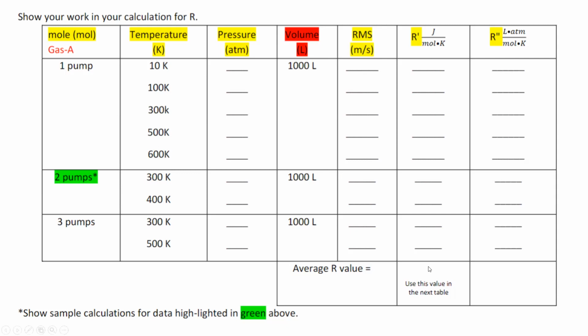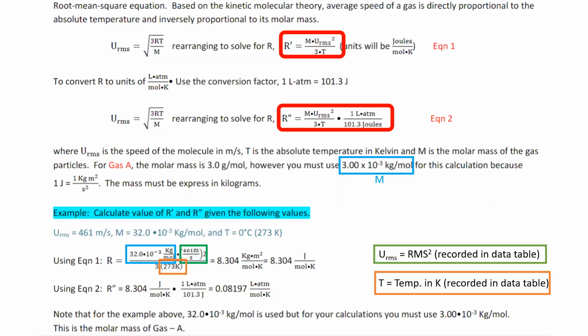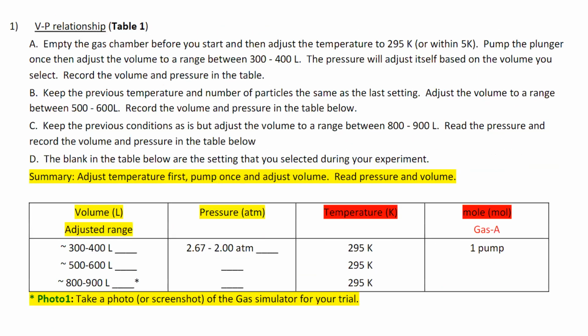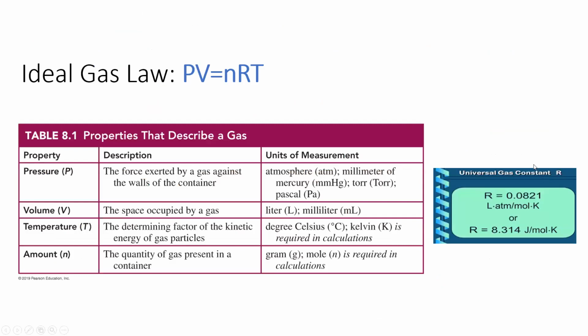I'll just give you a clue. These values should be really close to the values that we saw on a previous slide. So you go way back to the very beginning. I gave you the universal gas constant R with 2 different sets of units.